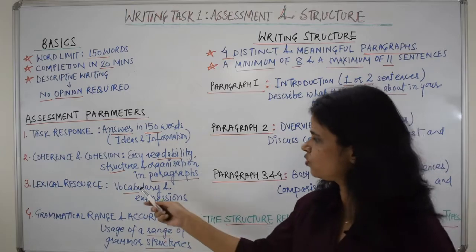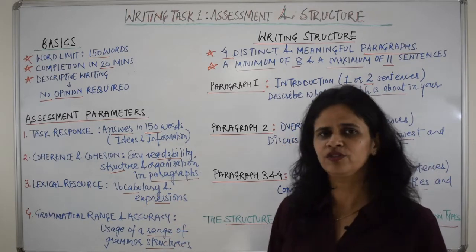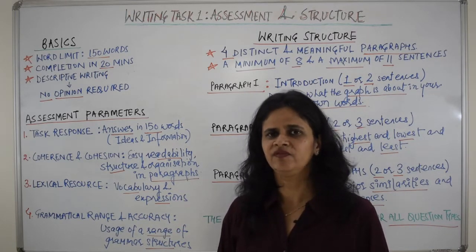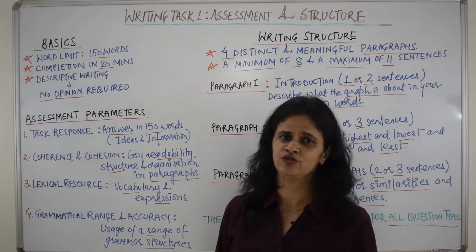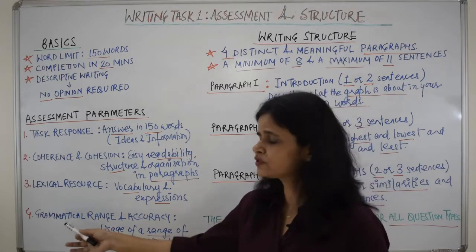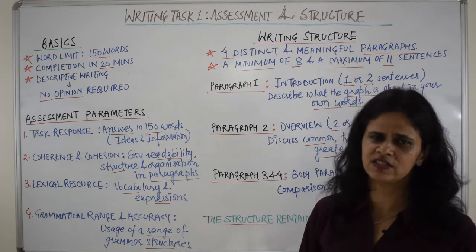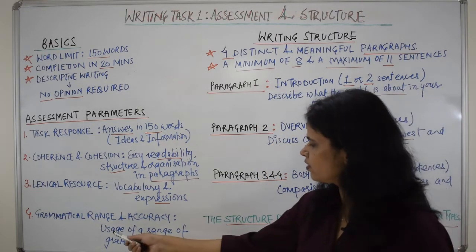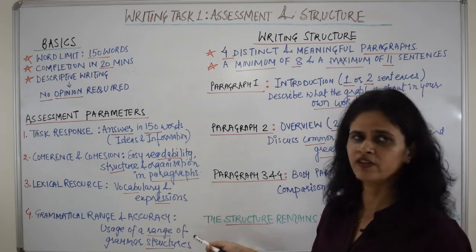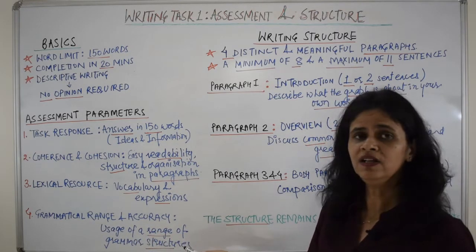It checks you on these 2 parameters, your usage of synonyms and various kind of expressions that you use in English language. Last but not the least is grammatical range and accuracy. This is very important because it checks you for the usage of a range of grammatical structures.